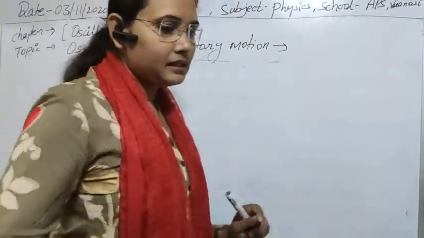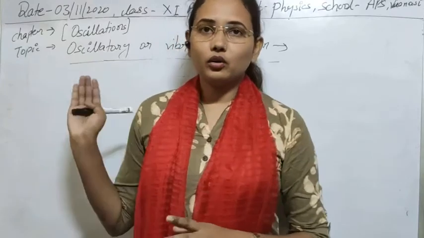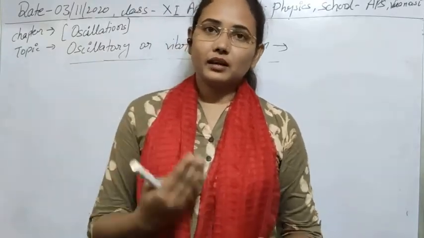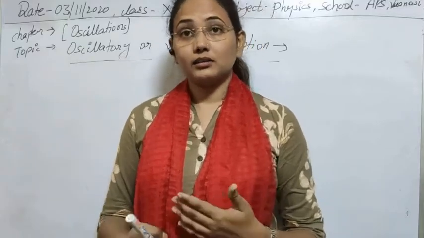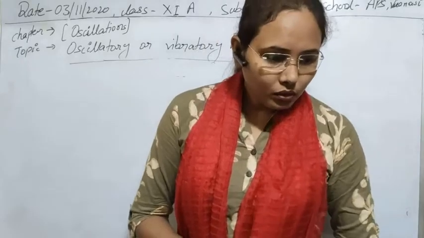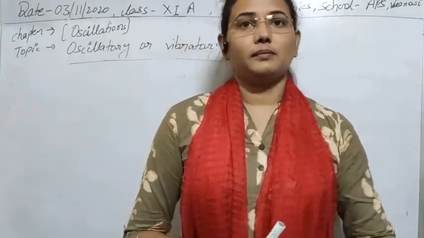These are the basic things needed to know first about oscillation: what is time period, what is frequency. Repeatedly I will take it up in our lesson. So I think there is no confusion regarding this now.